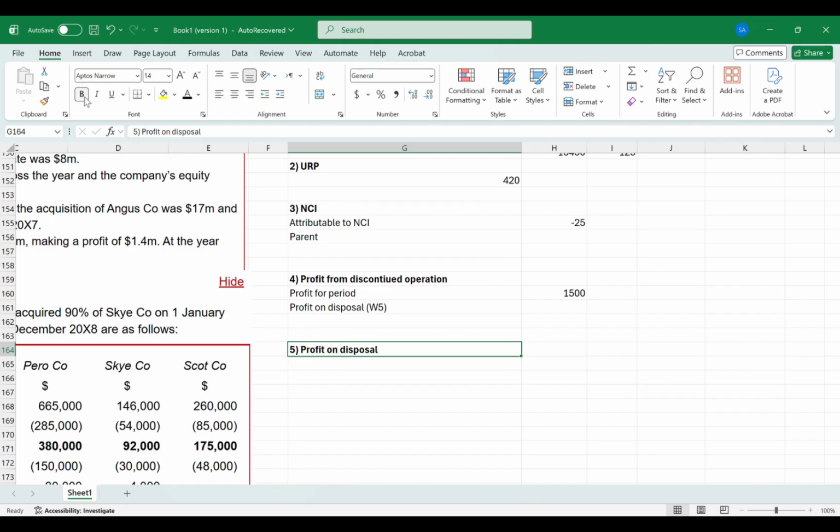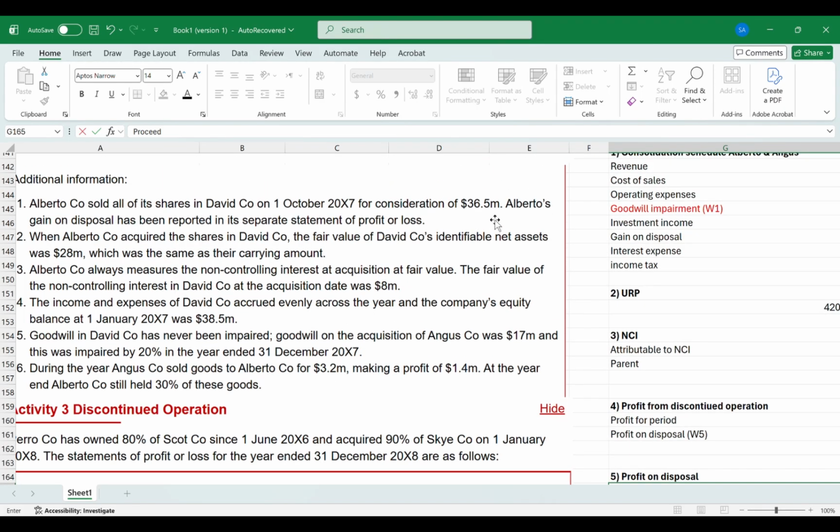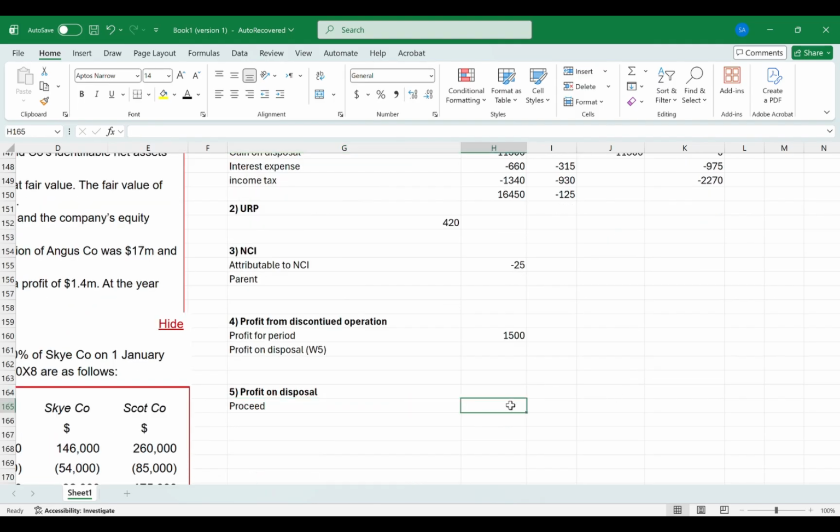So what is your consideration of proceed that you have received? You have disposed it for, let us go to the notes, you have disposed it for 36.5, the first note. 36.5 billion, so 36,500. Then the carrying amount.